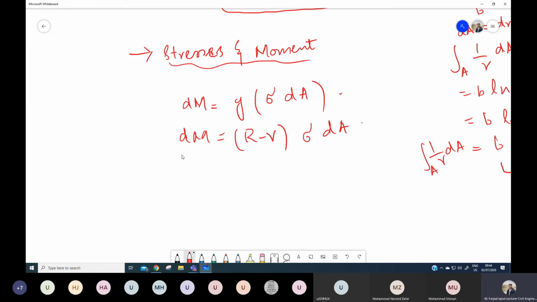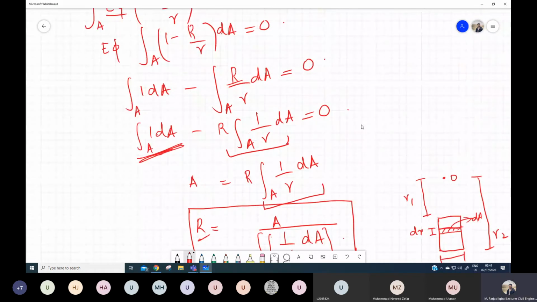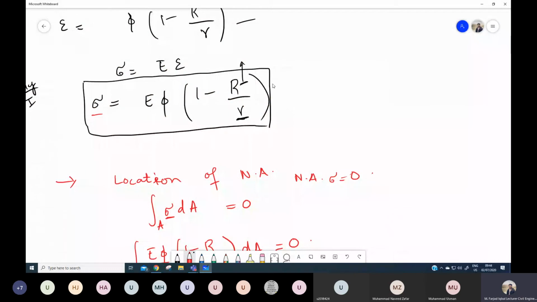Now, if I want to apply it over the whole cross section, I will take the integral to remove this differential factor. So if I take the integral, I will get the moment M equal to the integral of capital R minus r. This sigma factor, the equation we have already derived, that is the same equation, E phi into 1 minus capital R over r.